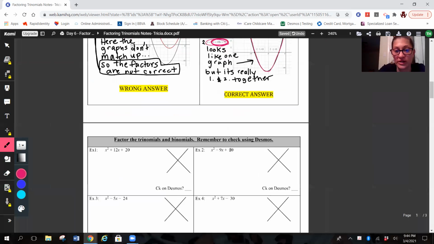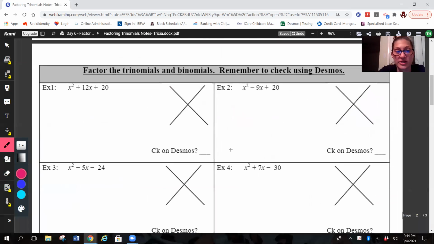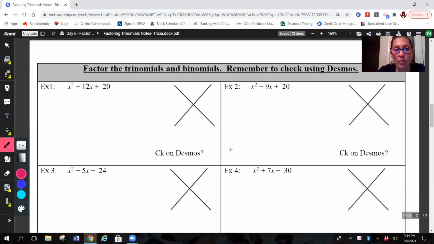Okay, so let's start our process. Number 1, our a is 1, so 1 times 20 is 20. Okay, 1 times 20 goes here. That's multiply. And 12 is our b value.